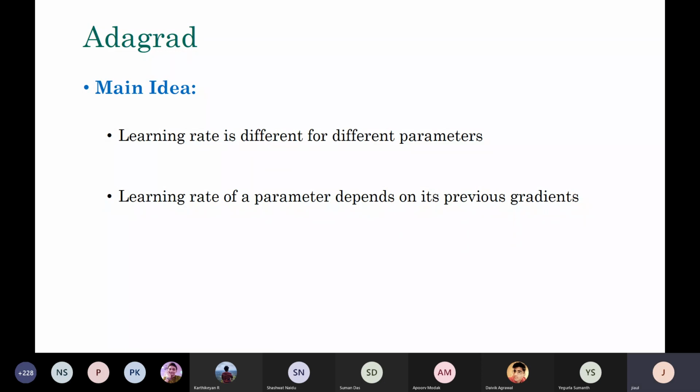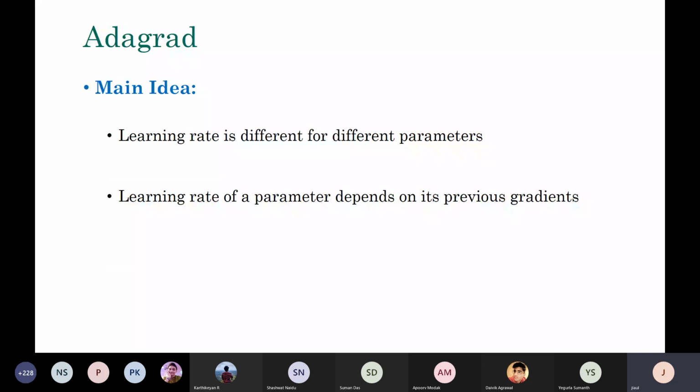It's not the same for all the parameters, unlike the standard stochastic gradient case. Also, the learning rate will be determined by the previous gradients. Previous gradients will tell you to some extent whether the curve is steep or flat. You can use this information to change your learning rate adaptively as you progress. That's what we do.